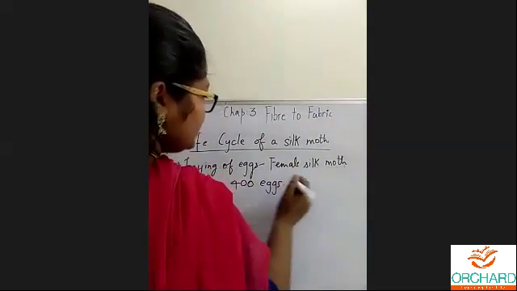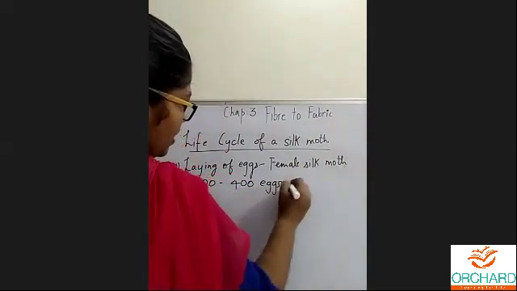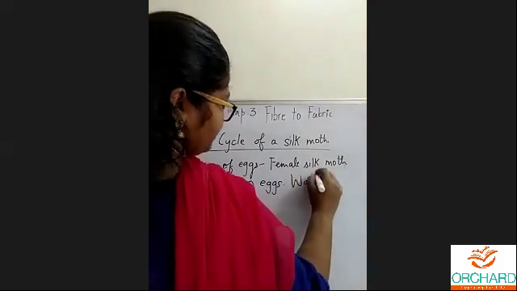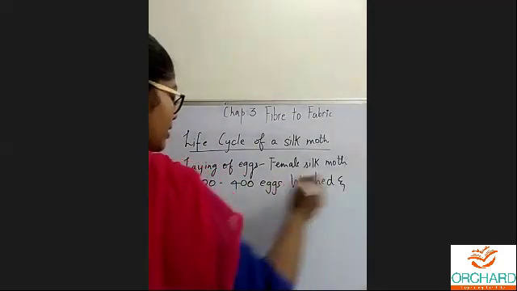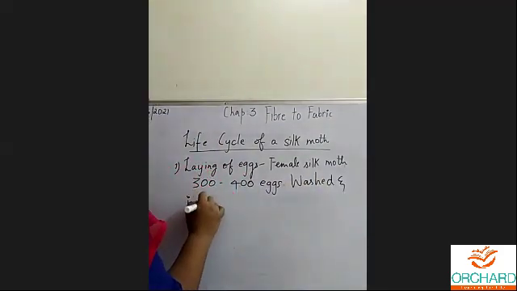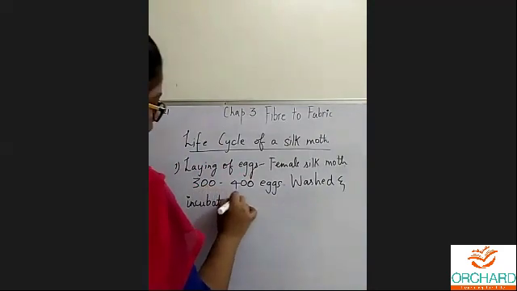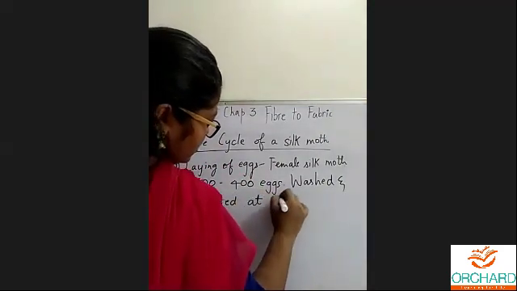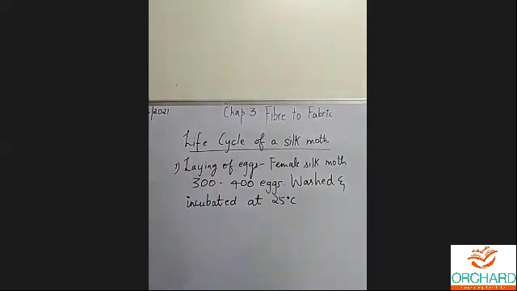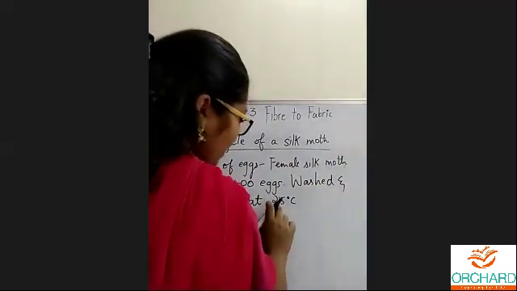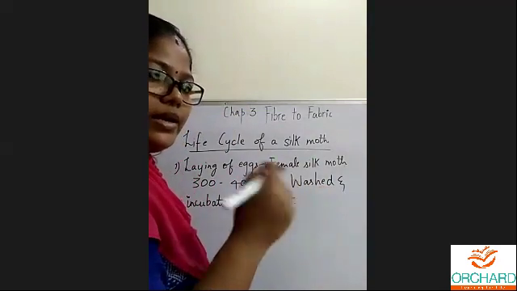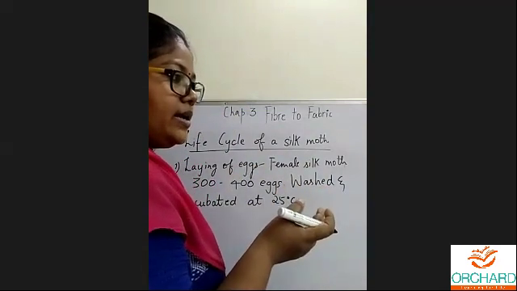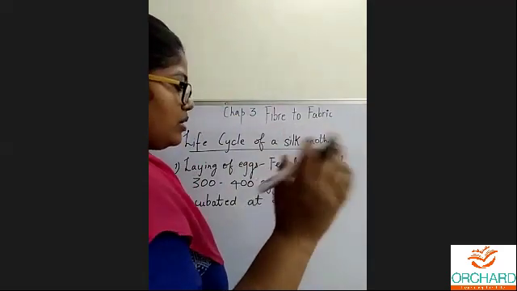Then these eggs are washed. Yes, you heard it right. They are washed and they are incubated at 25 degrees Celsius. Why incubated? See, our normal room temperature keeps varying, right? It is 30, it is 38, 36, it keeps on differing.